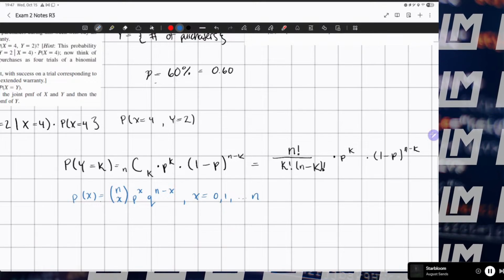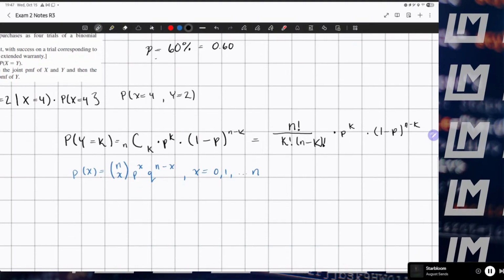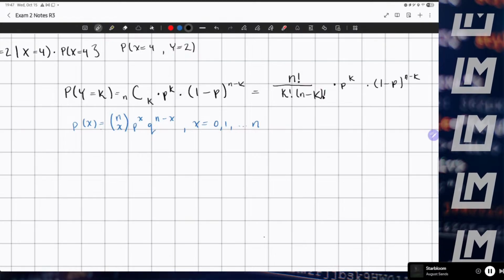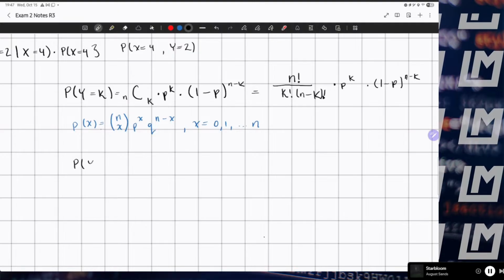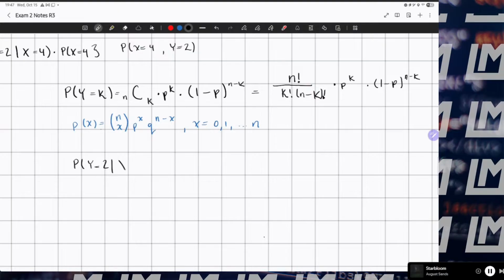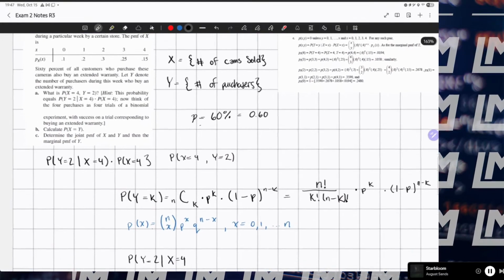So I can see the similarities to the formula that I'm seeing on Quizlet. Using that definition, we have P of y equals 2 given x equals 4, which is what it's asking for. That's from the hint, right?